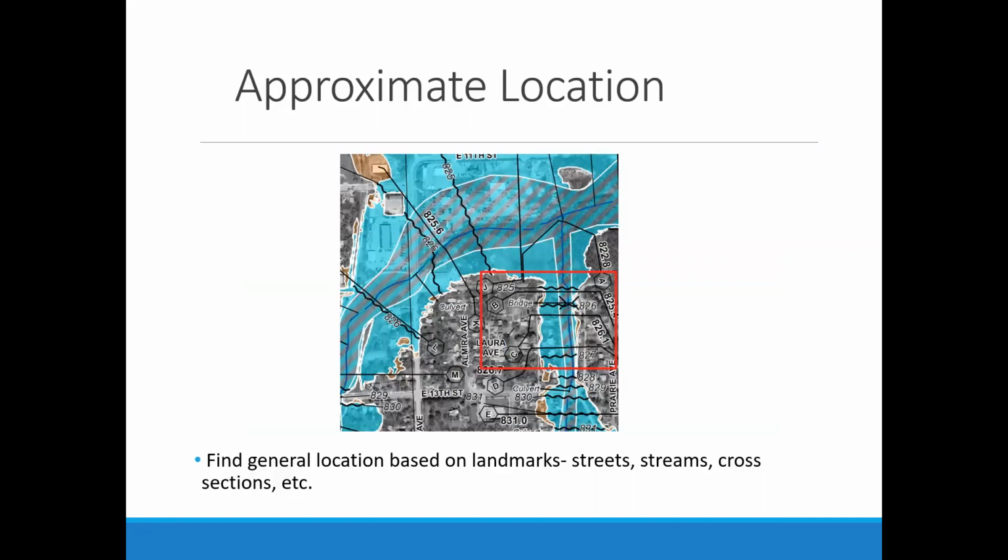So if I don't have a digital map, pretending that this is Lawrence with a paper map, I would go again through the search all products option, and I'd make a FIRMette of my area of interest. Then I would do my best to pinpoint this location as closely as I can using the scale bar and some nearby landmarks that I can measure from.